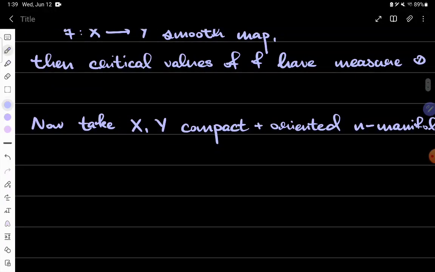None of these assumptions were needed for Sard's theorem. You can have non-compact, non-oriented manifolds of different dimension. But when we have this map of compact oriented n-manifolds, when I say map, it's implicitly smooth map, unless I say otherwise, which is probably never.